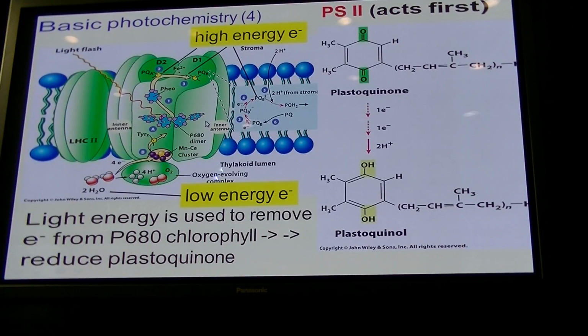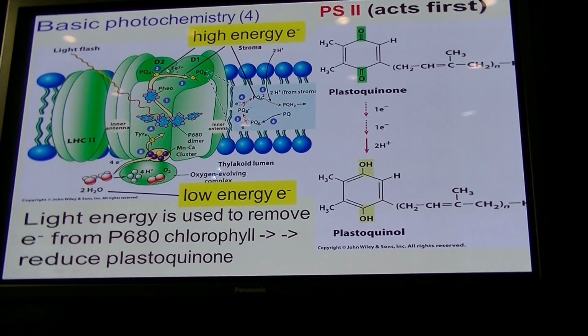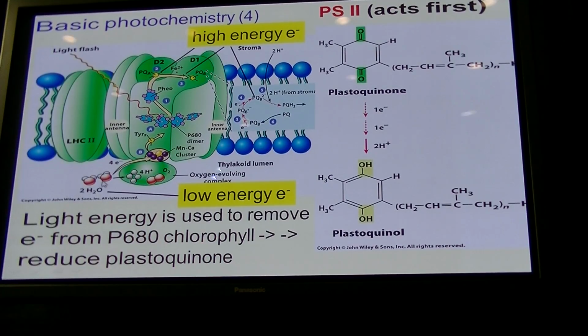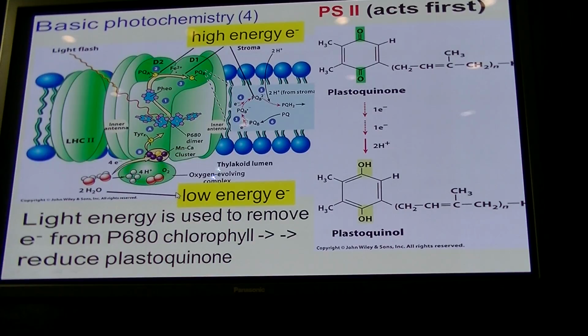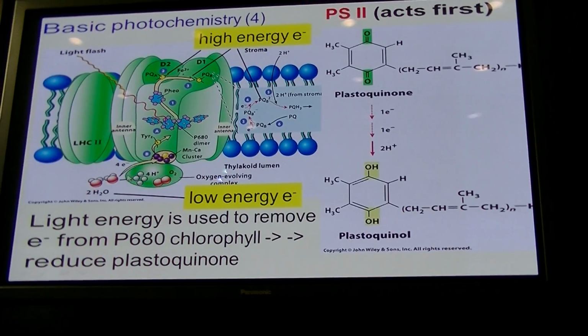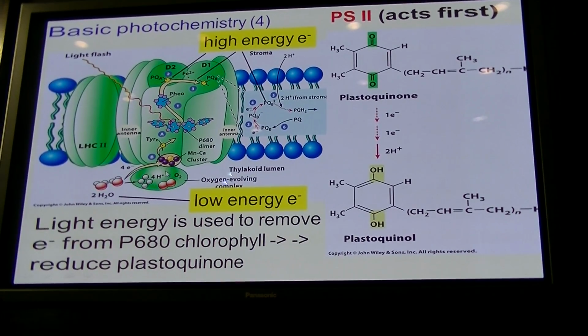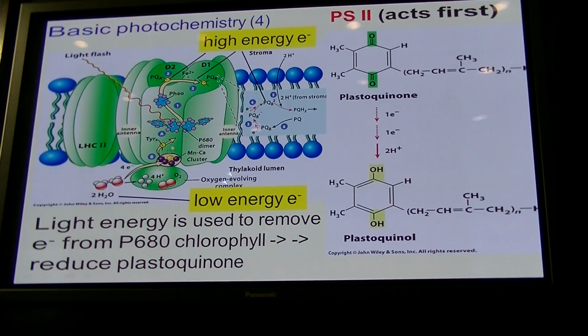So the job of photosystem 2 is really to reduce plastoquinone using electrons taken from water. Those electrons in water have low energy in association with oxygen. Those electrons are taken by a special water-splitting enzyme and the chlorophylls, stolen from that oxygen in water, and given to plastoquinone.